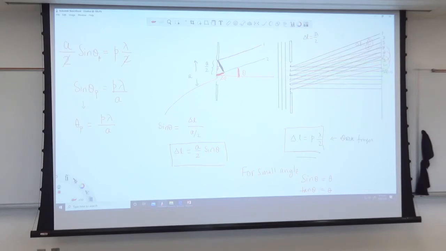Now let's say we want to know where exactly the dark patterns are from the central point. So let's see, how do I move it down?